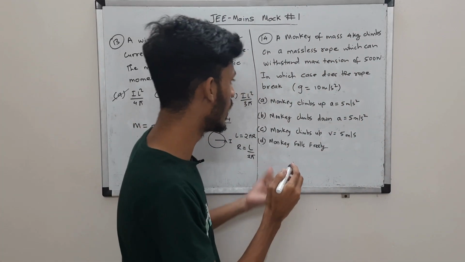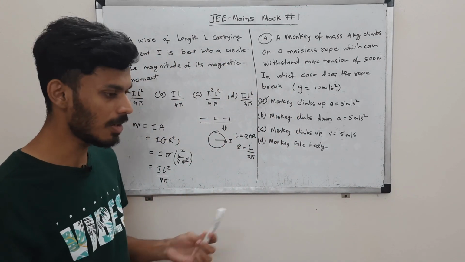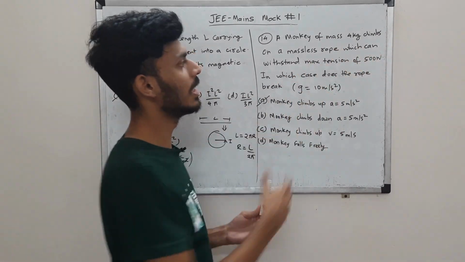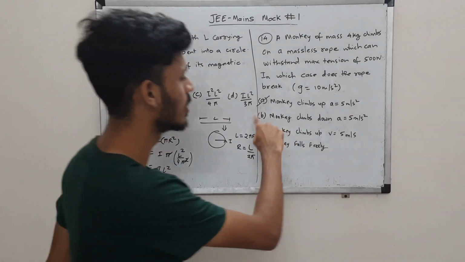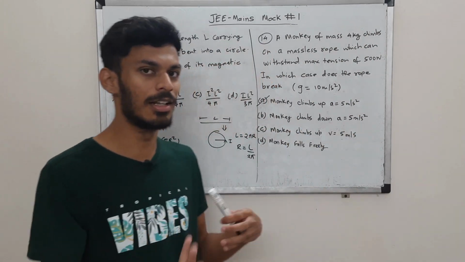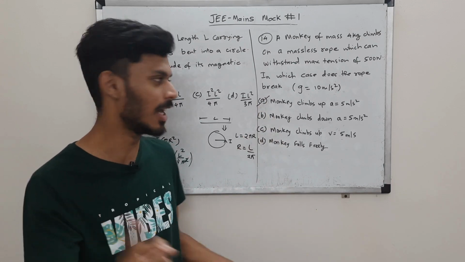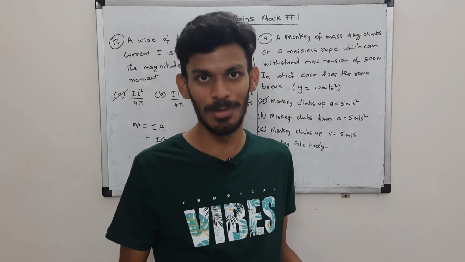And if you see, only one case, the monkey is going up, and that should be correct, because in that case it will be mg plus ma, and that value will be greater than 500 newtons. Don't believe me? Let's do it, because when it's climbing down, it will certainly be mg minus something, right? And only one option should be correct, and among these, the one with the maximum value will be correct.